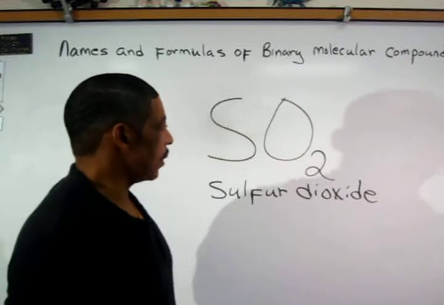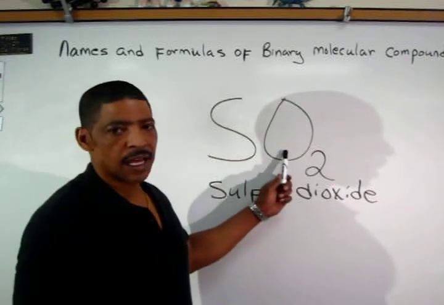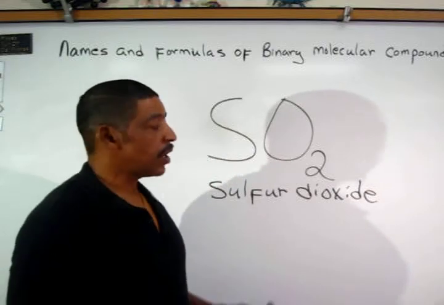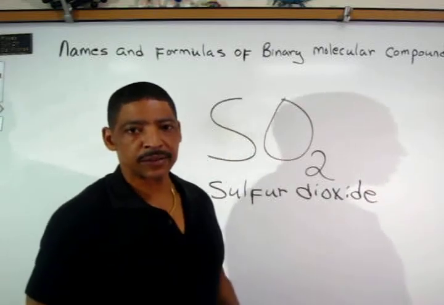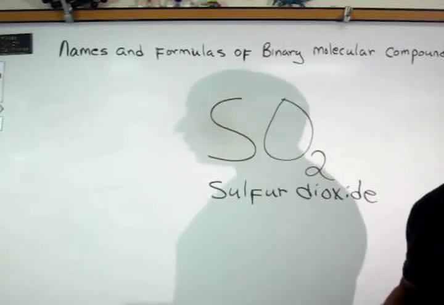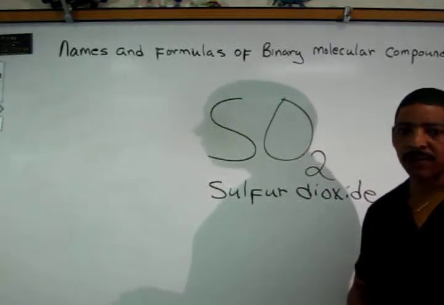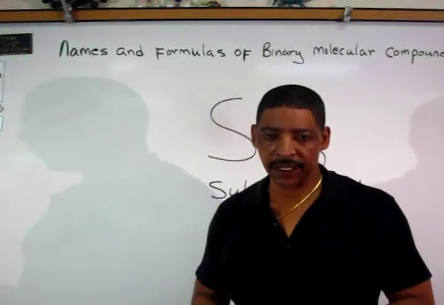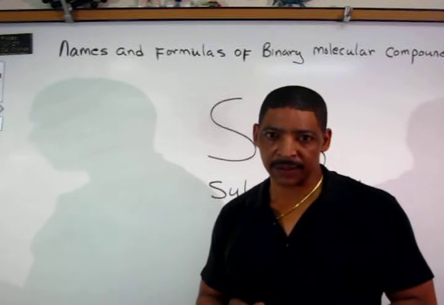In this case, the 2 elements are sulfur and oxygen. Although the compound contains 3 total atoms, it still contains only 2 different elements. You must remember that binary molecular compounds contain 2 different elements.